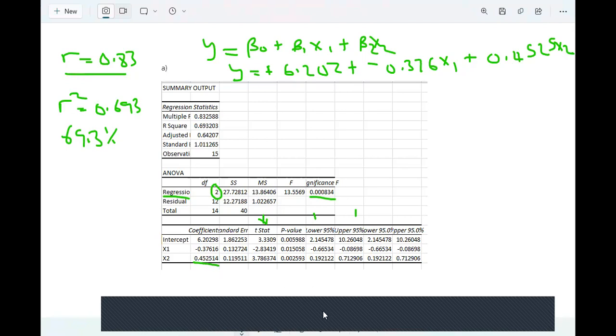So in terms of per capita, what can we say regarding that? For X2, which signifies the average years of schooling, we can say that over 25 years of age, if it increases by 1 year, then the real per capita income would multiply that 0.452 times 1,000. The real per capita is about $452.